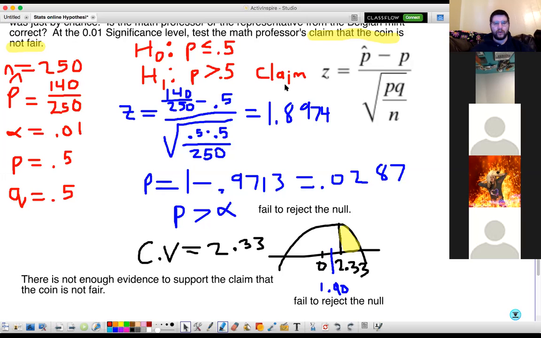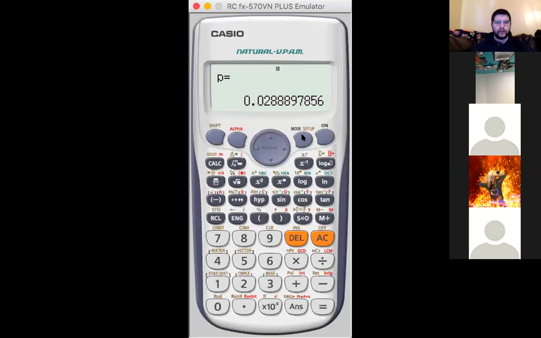Okay, Claudia's question about critical values. She wants to know how to get these. So you have 2 choices. You can either use an inverse norm or you can use the chart. I'll show the inverse norm first. We're going to do mode down here, distribution, inverse norm. Area, that is alpha.